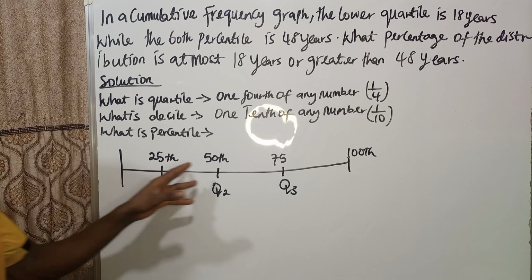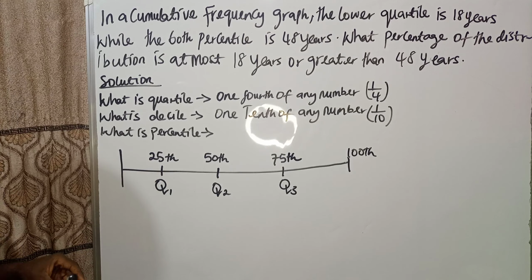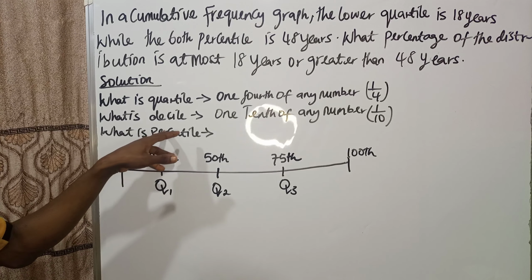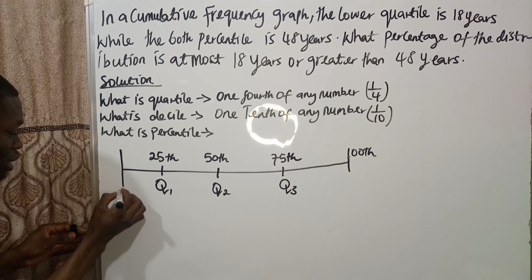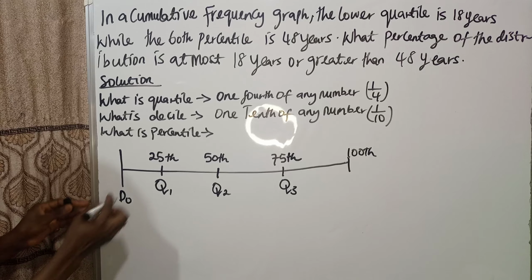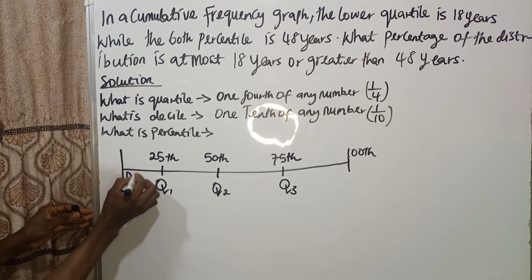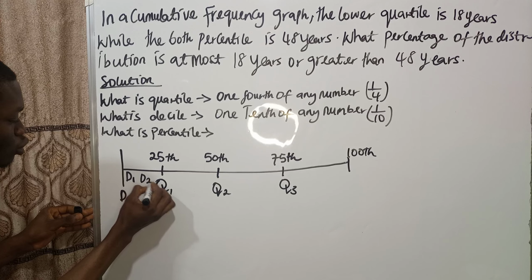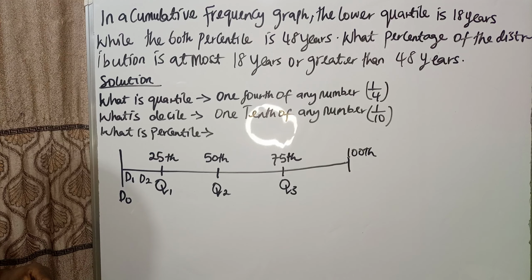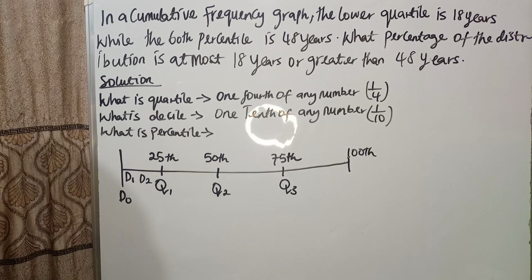So from this, we have gotten our quartile. Now, we need to get our decile. So D0, are you seeing it now? This one will be D1, D2. From this D, we are getting our percentile.